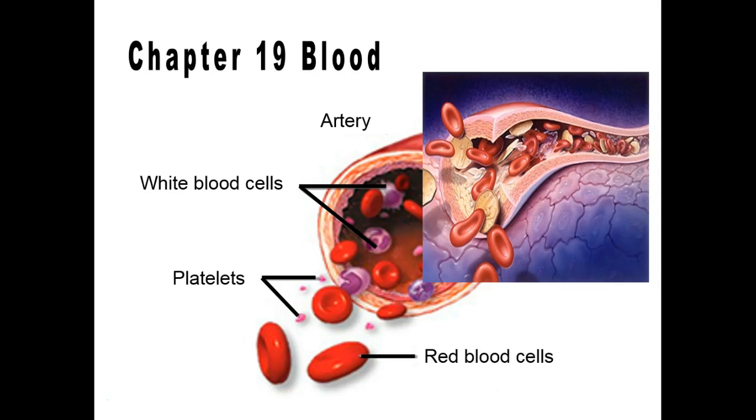Just like you have cells embedded in connective tissue, whether it's dense regular, dense irregular, etc., you have the formed elements, which are red blood cells, white blood cells, and platelets, as well as proteins, gases, nutrients. All of these things are found circulating in this non-living matrix we call plasma.